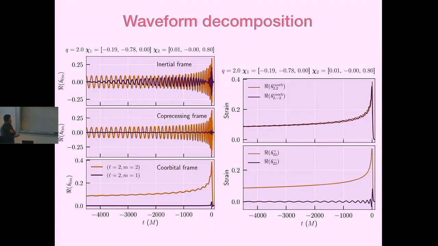There are still these oscillations here, which are the orbital time scale oscillations due to precession. These are called nutations. And we can simplify the picture even further if we look at the 2-2 and the 2,-2 combinations of modes. If you look closely here, they have opposite signs for these modulations.